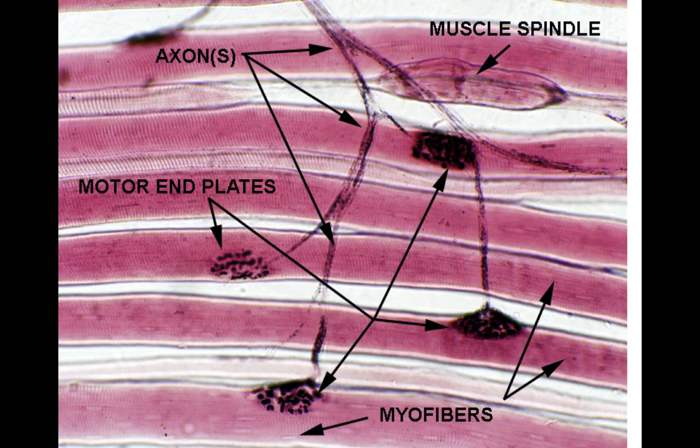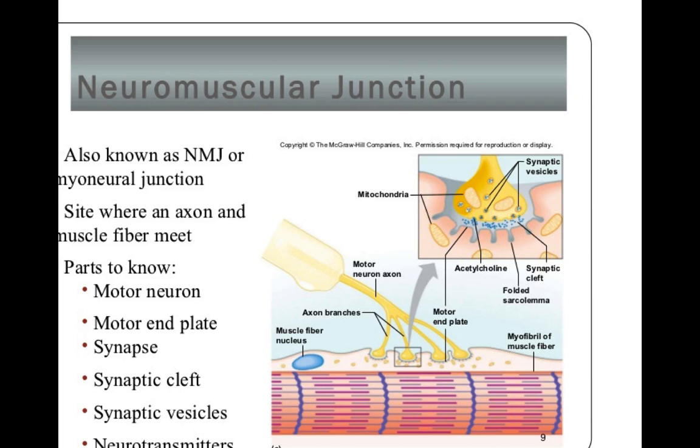So far so good? Now I want to show you this diagram. A neuromuscular junction: nervous system and muscle system come together.